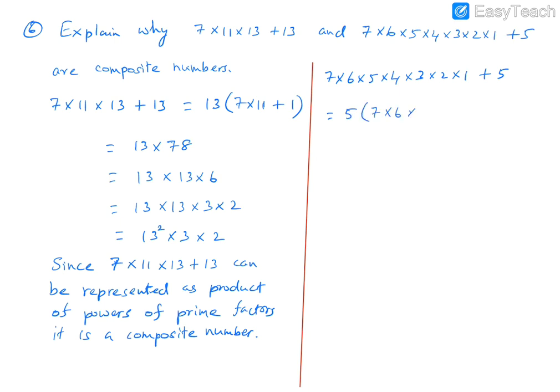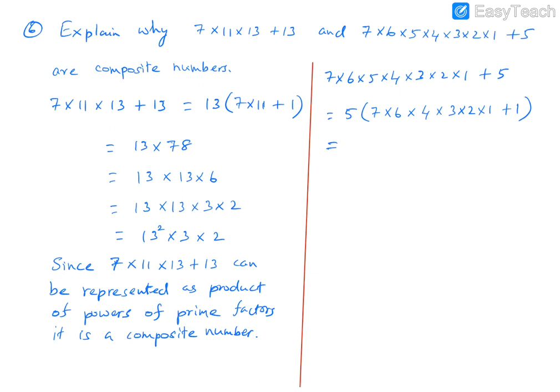So we will have 7 into 6 into 4 into 3 into 2 into 1 plus 1, since we've taken 5 outside. So it's 7 into 6 into 5 into 4 into 3 into 2 into 1 plus 5 into 1, which is 5. We have the same expression.